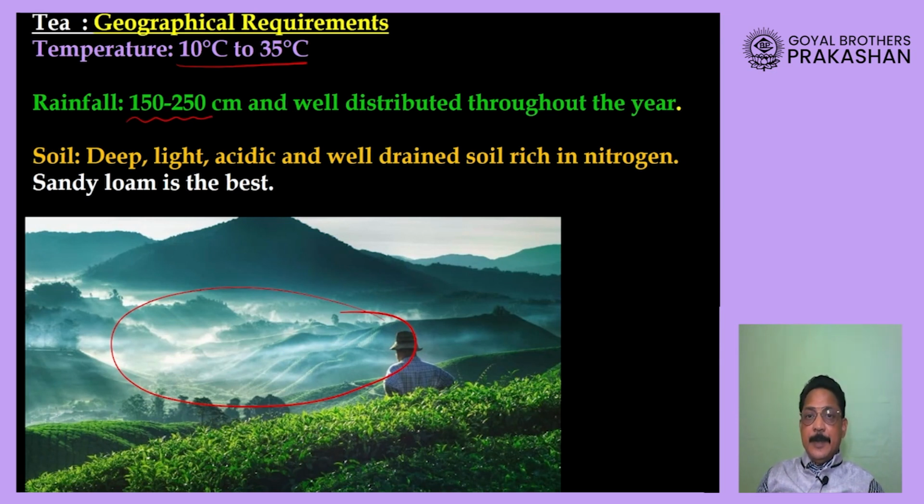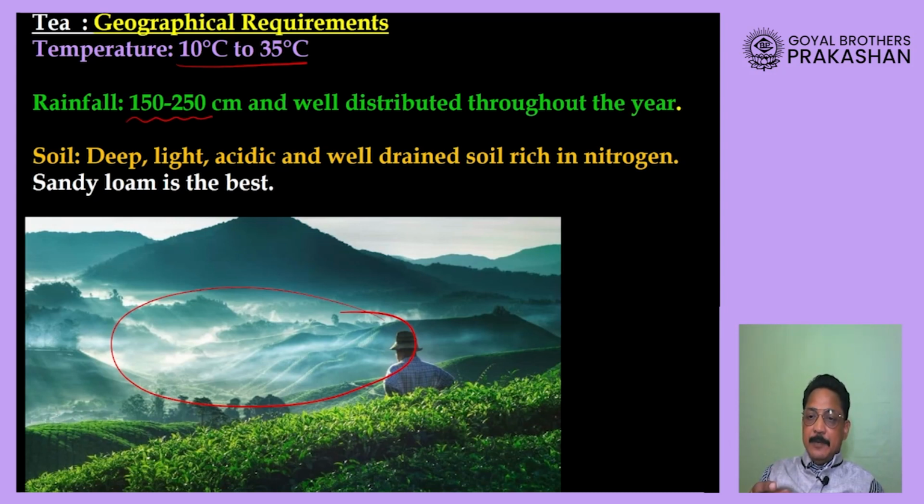The soil requirement, dear student: the soil should be deep, light, acidic, and well drained. Well drained means the soil should not hold water. Water should flow away, because stagnant water is harmful for this crop.